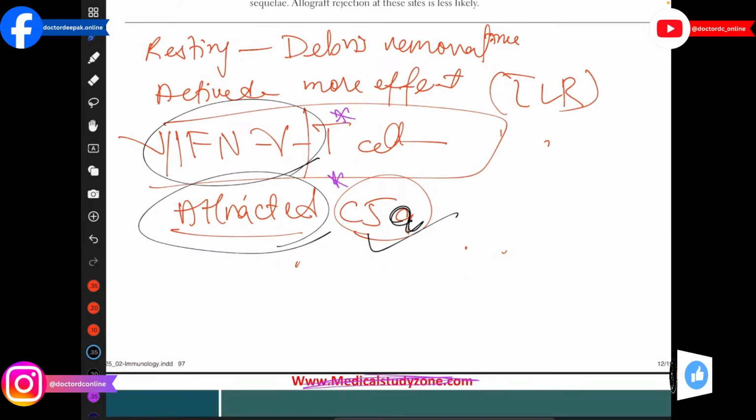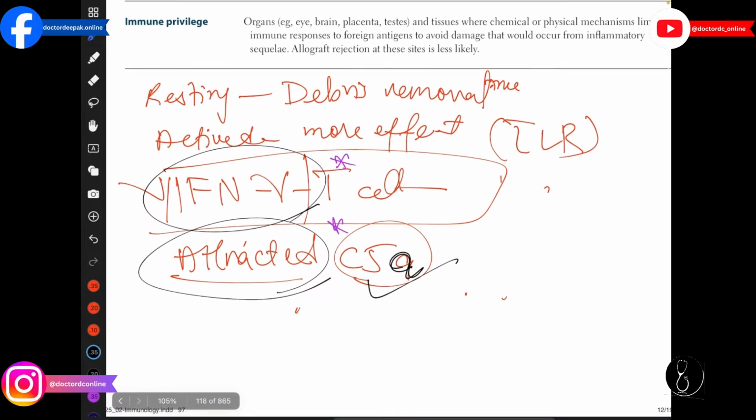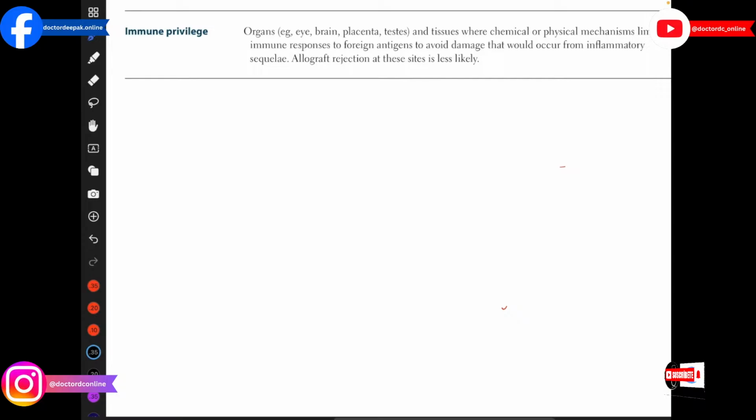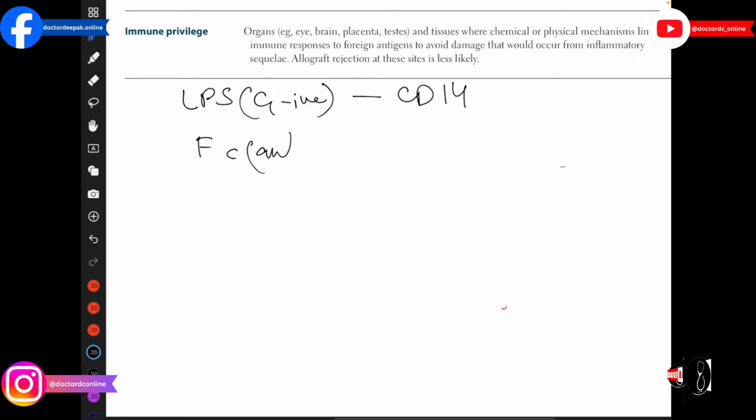Okay, macrophages have different surface markers and signals. For example, the key surface receptors: if there is LPS, lipopolysaccharide from gram negative bacteria, it is going to attach with CD14. If there are Fc antibodies, they attach with Fc receptors.